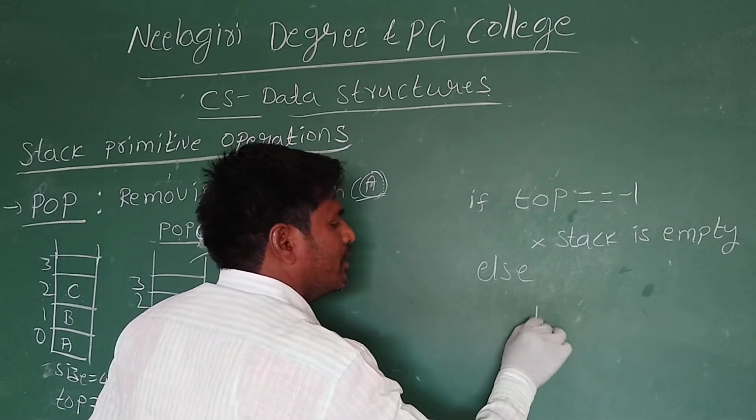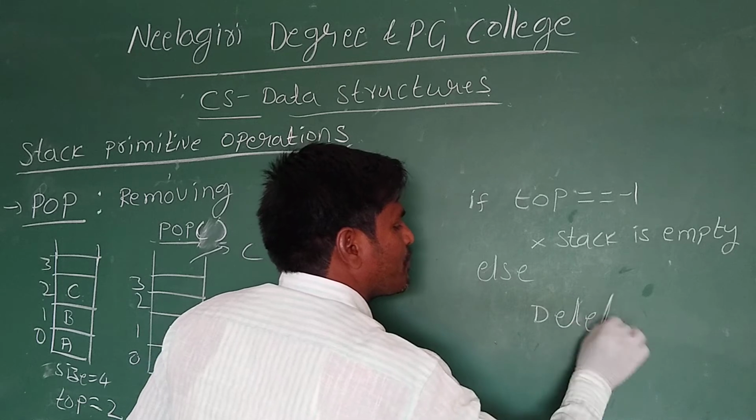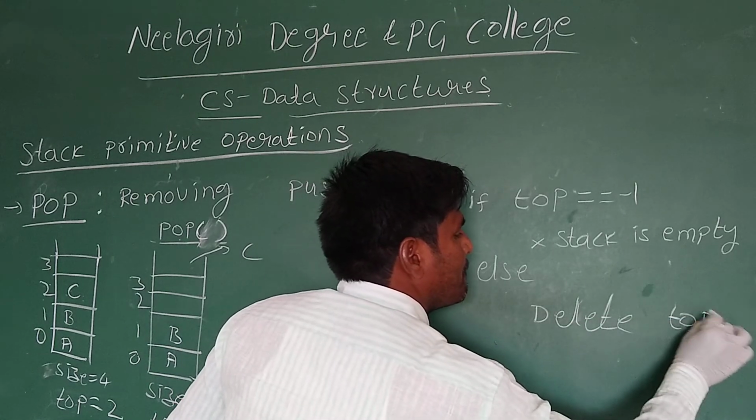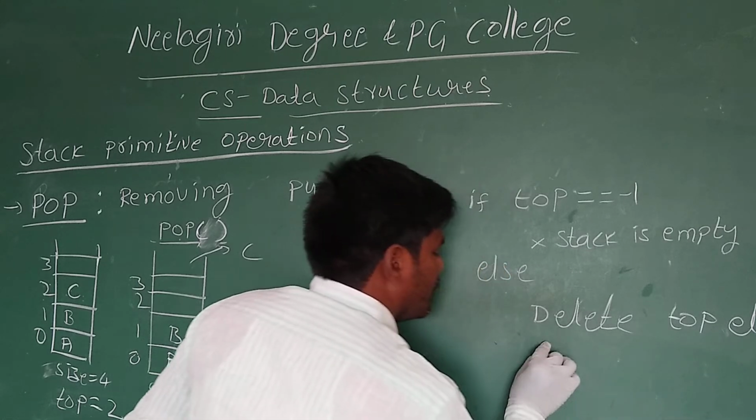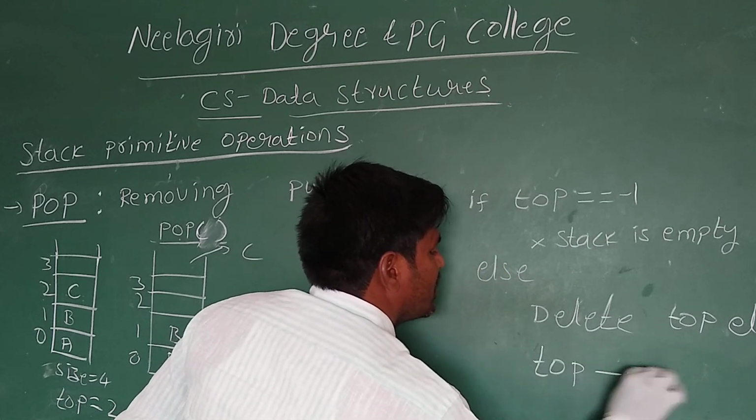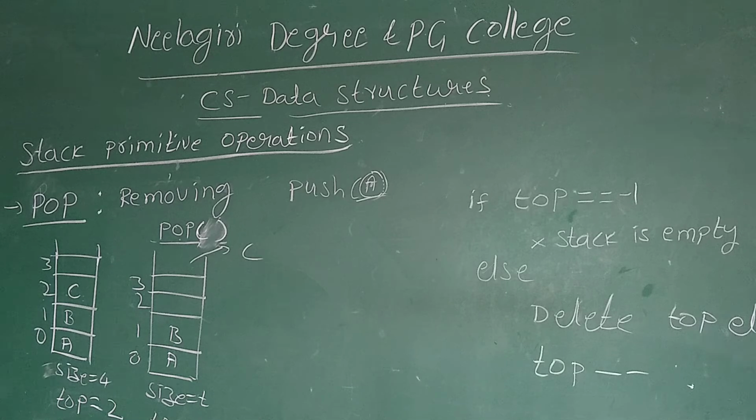So simply delete the top element and decrease the top value. This is the logic for removing an element.